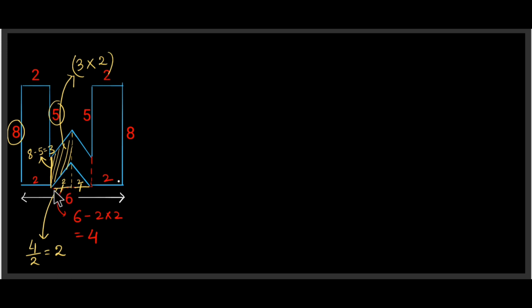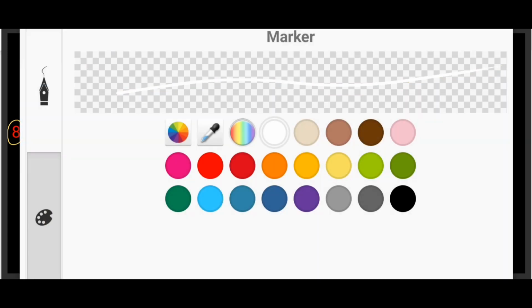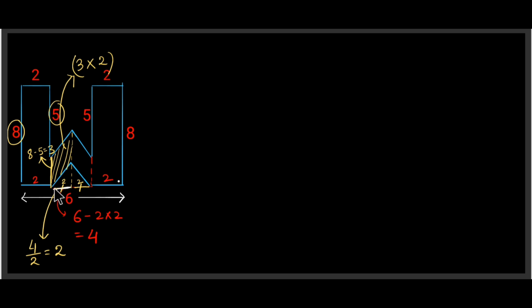Since we repeat this concept, because this is the height of the parallelogram and this is the base of this parallelogram, it must be 6 centimeters square. So at first we discussed that this parallelogram is symmetrical to this parallelogram, so the area of this part is also 6 centimeters square.